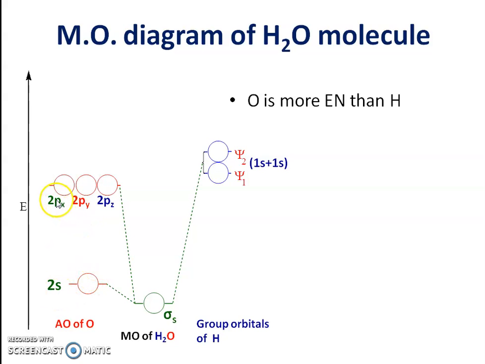At the same time, 2px and psi 1 also combine with in phase combination, and therefore its energy is lowest.